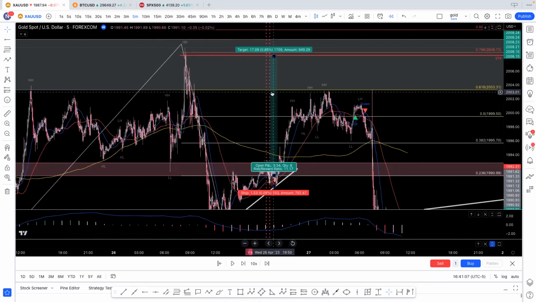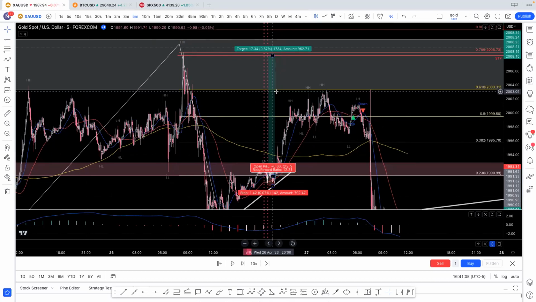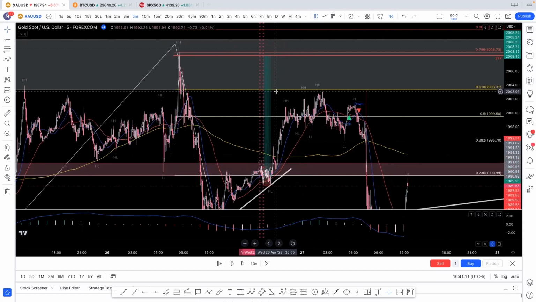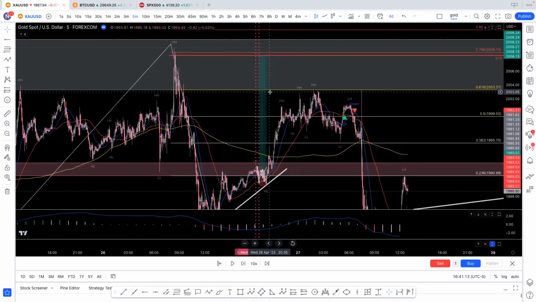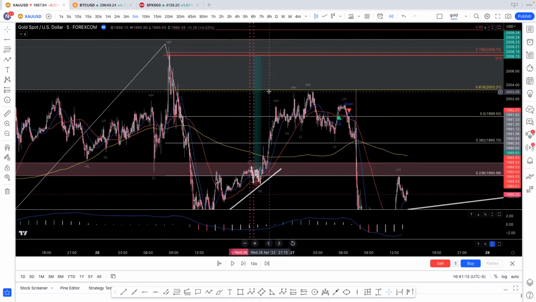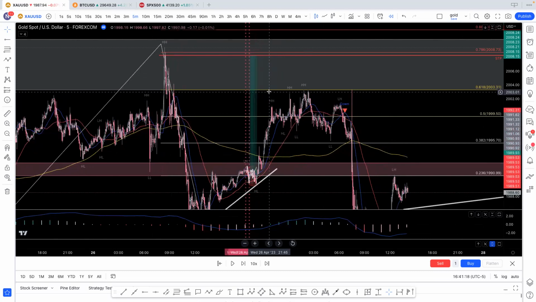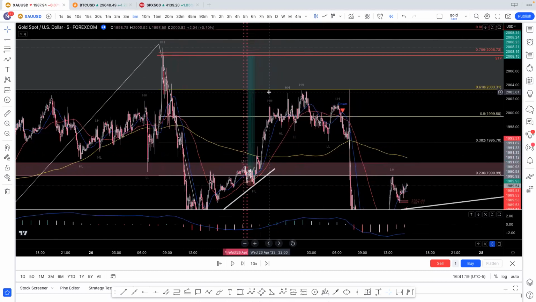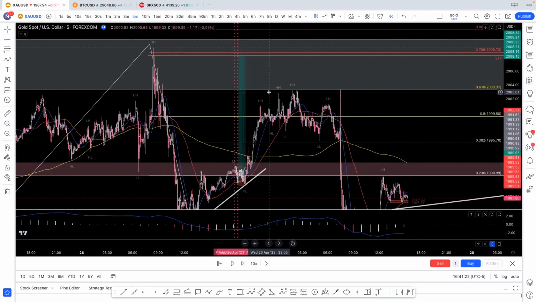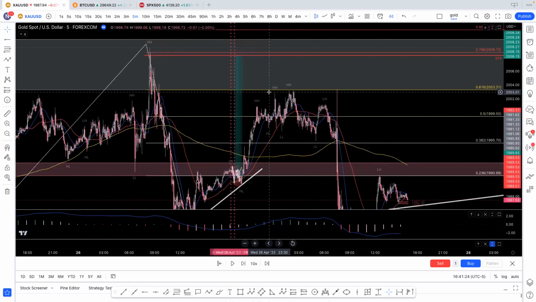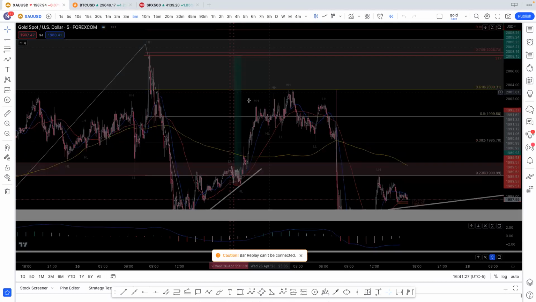So yeah, should have had my stop, or excuse me, my take profit, not my stop loss, but my take profit, slightly below the zone here. Hopefully the spread would have been low enough for me to take profit.